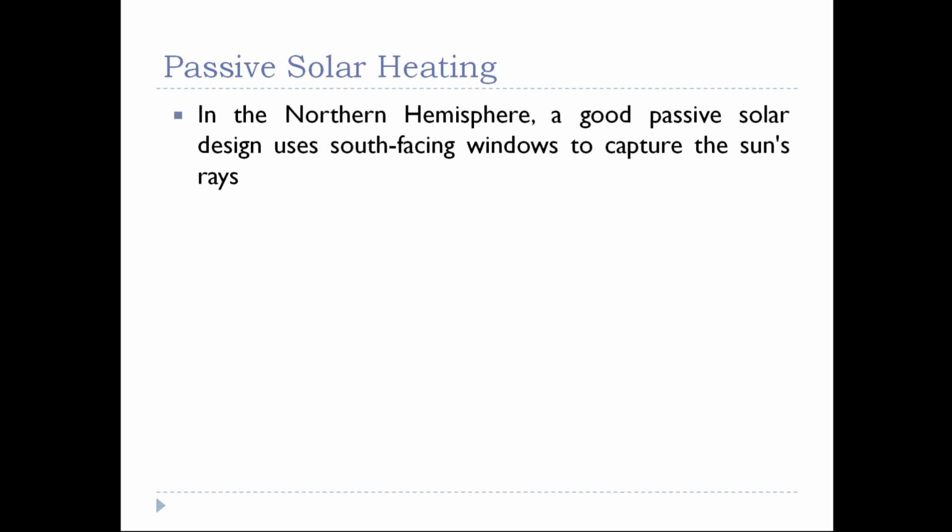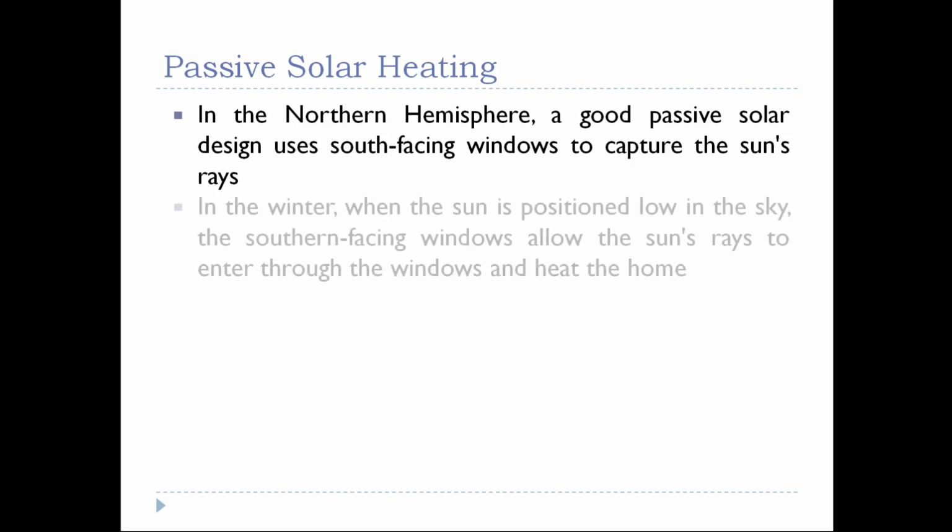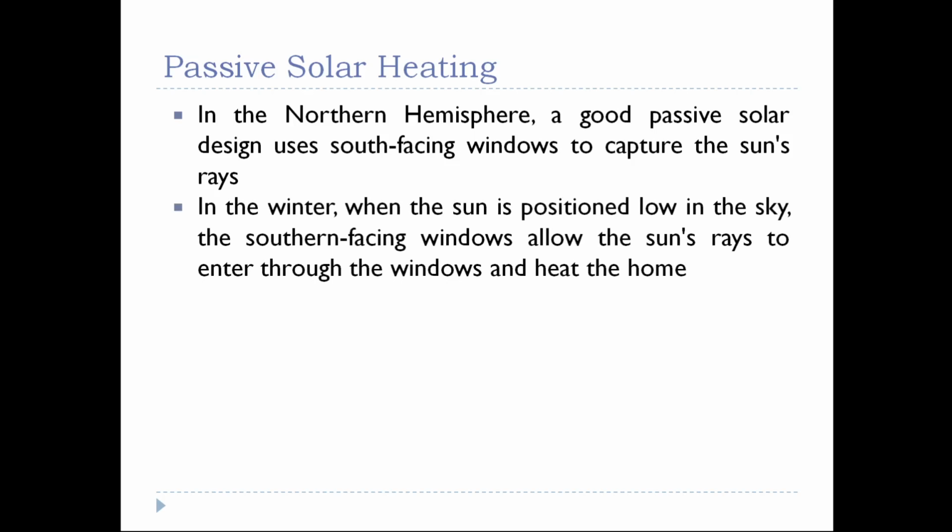So in the northern hemisphere, a good passive solar design uses south-facing windows. If we are living in the northern hemisphere, the south-facing windows are installed in the design to capture the sun's rays.